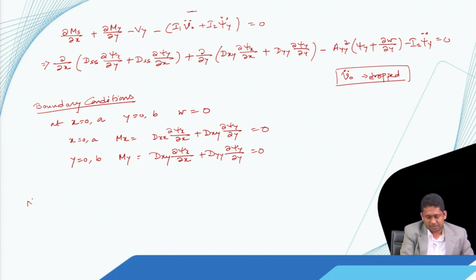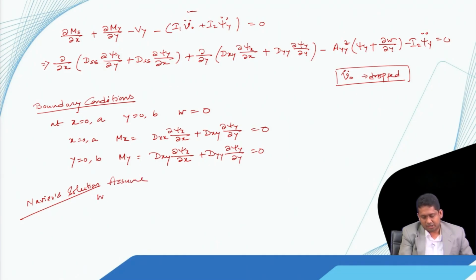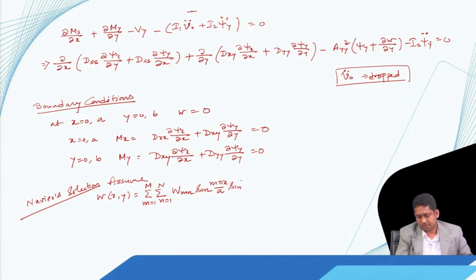So, we will do Navier's solution here. And for that, we assume that w as a function of x y is equal to summation n equal to 1 to infinity, m equal to 1 to infinity, Wmn into sine m pi x by a sine n pi y by b.